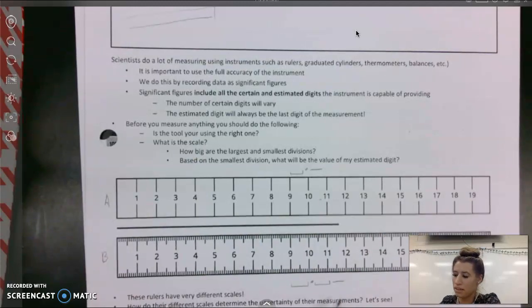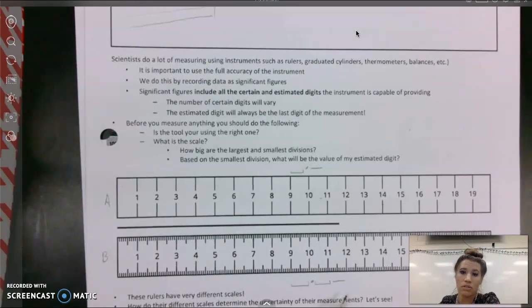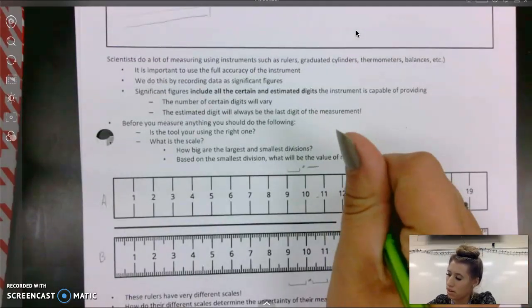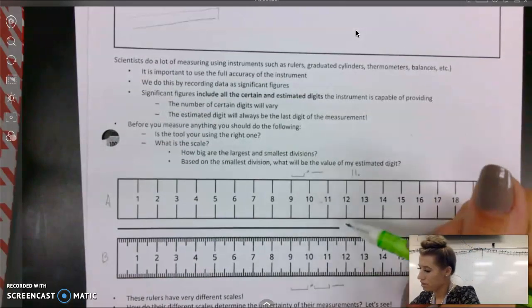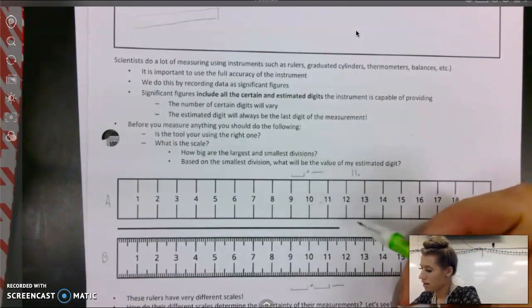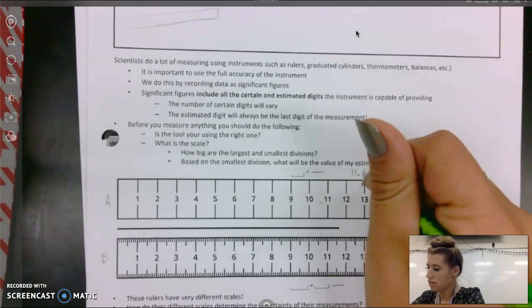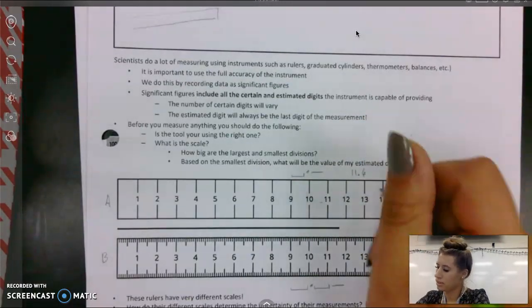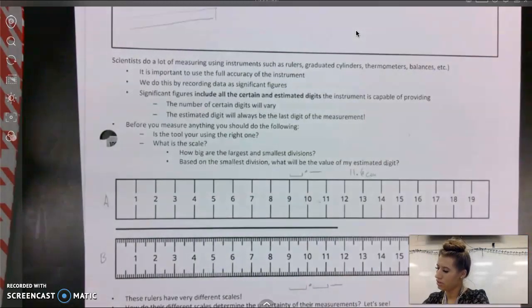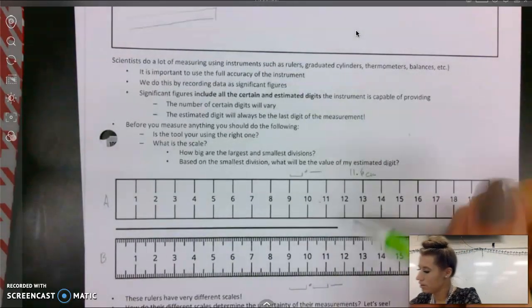So my estimated digit is in the hundredths here. Okay, so here I'm certain I'm past 11, and then I'm going to estimate that I am at, let's say, 11.6 centimeters.